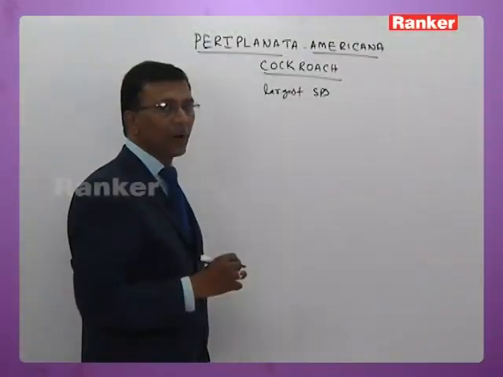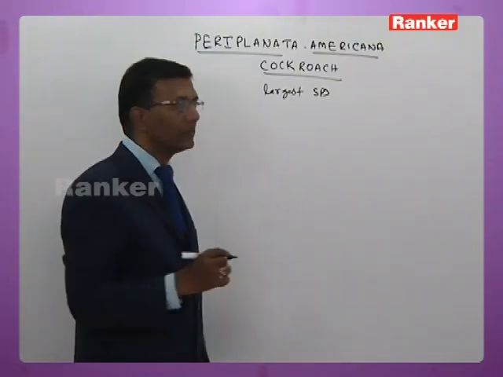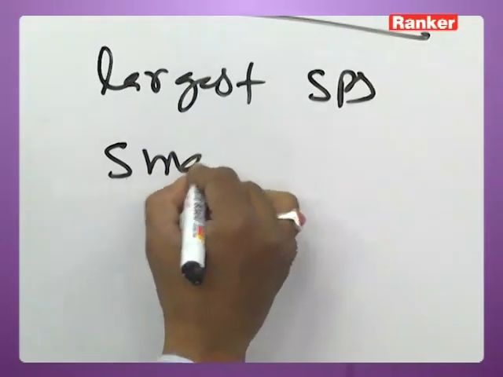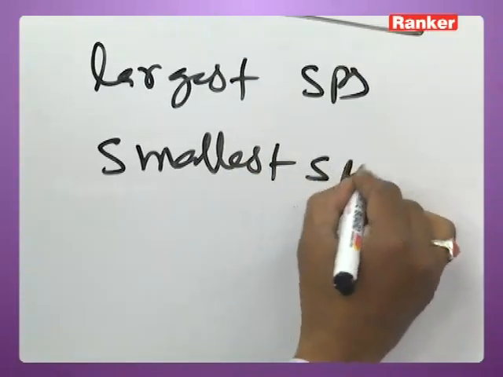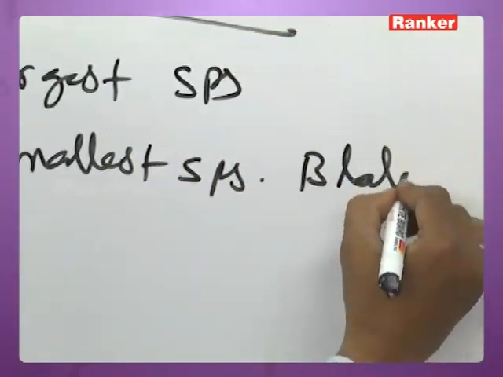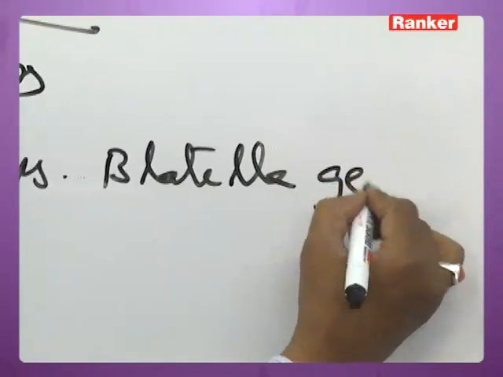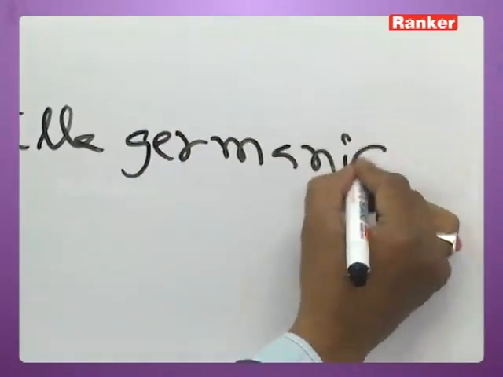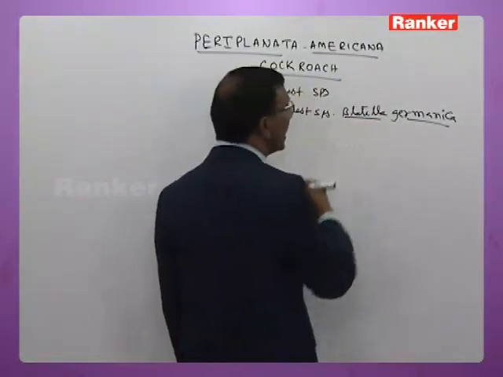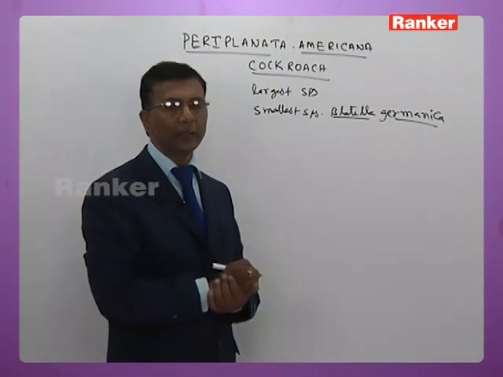Now Periplaneta americana happens to be the largest species among the various cockroaches. It is about 4.5 to 5 centimeters long. The smallest species is Blattella germanica.